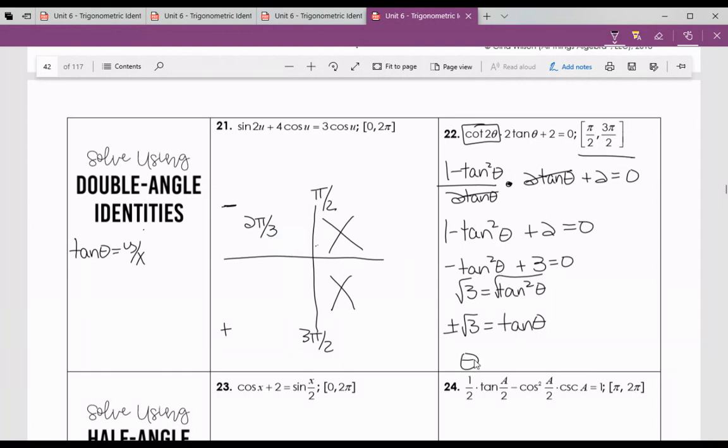If you take the y value for 2 pi over 3 and divide it by the x value, you will get negative square root of 3. In the third quadrant, that angle would be at 4 pi over 3. Same thing. If you take the y coordinate and divide it by the x coordinate, it simplifies down to square root of 3. So I have two answers, 2 pi over 3 and 4 pi over 3.